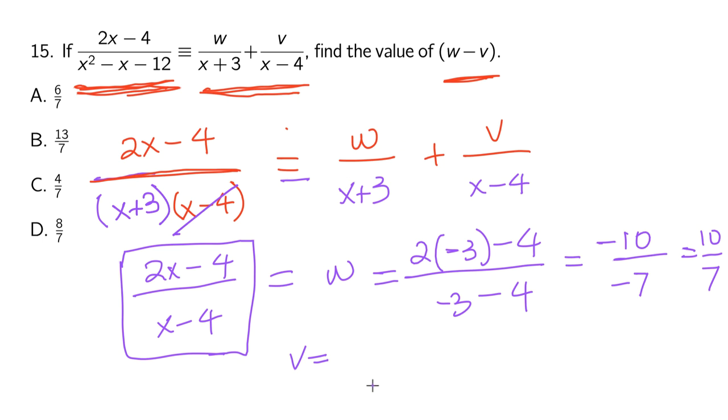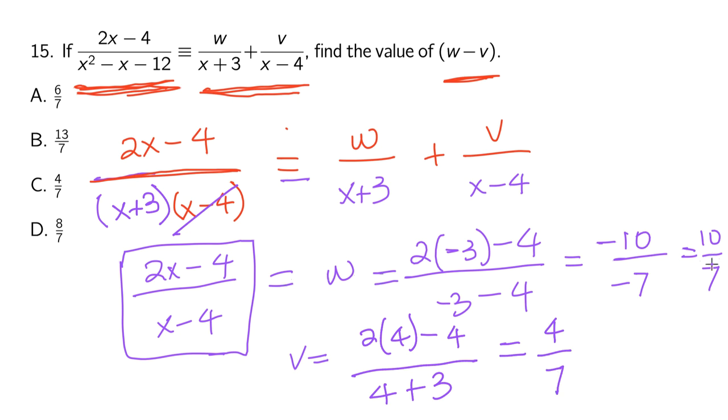When you substitute x equals 4 into that, what do you get? You get 2 times 4 minus 4 over 4 plus 3, and that's equal to 8 minus 4, which is 4, over 4 plus 3, which is 7. So w equals 10 over 7 and v equals 4 over 7.